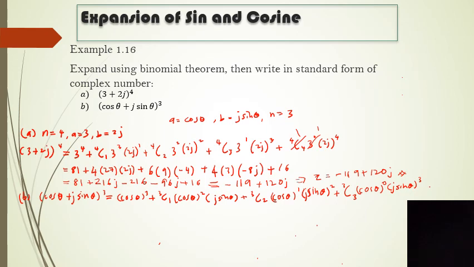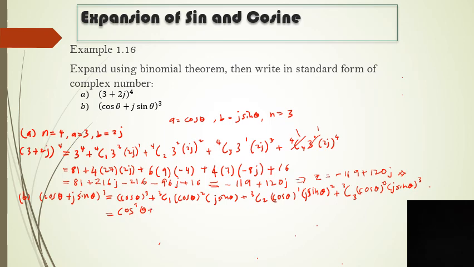That's it. And then you simplify it. So cos theta to the power 3 can actually be written like this, cos 3 theta.